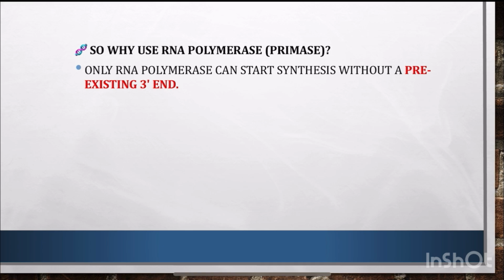The difference between the RNA polymerase and DNA polymerase activation sites is that the RNA polymerase activation site does not need a 3' hydroxyl group for its activation. That means if the 3' hydroxyl group is absent, RNA polymerase can still recruit the upcoming nucleotide on the strand.